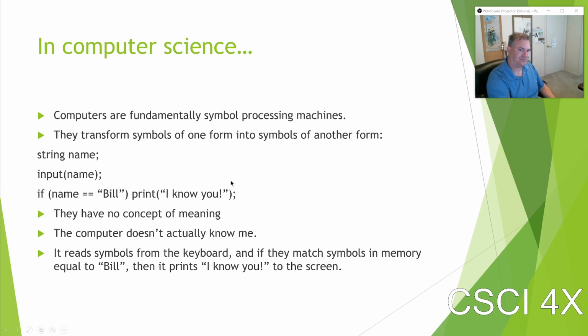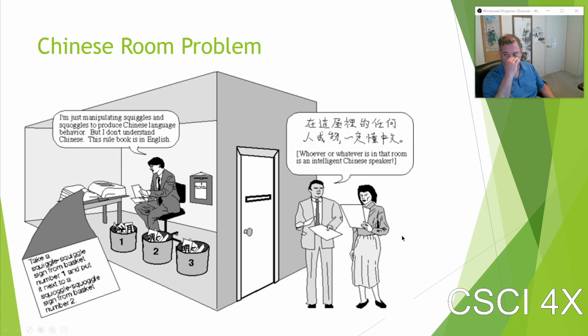And so this concept here is what led Searle, a philosopher emeritus at Berkeley, to develop what he calls the Chinese room problem. The notion of the Chinese room is that you put questions in Chinese through a slot in the door.